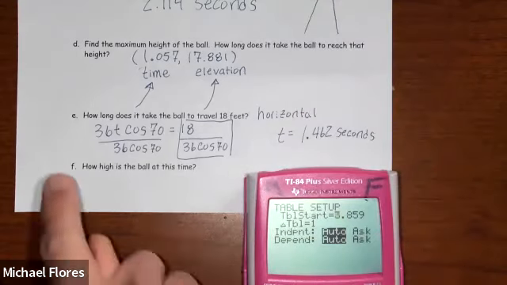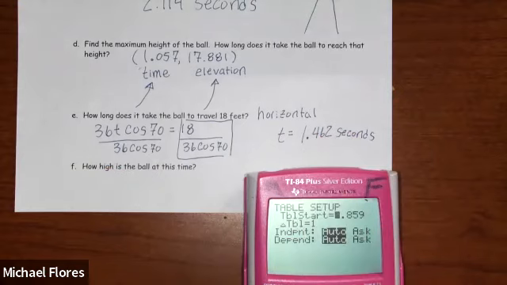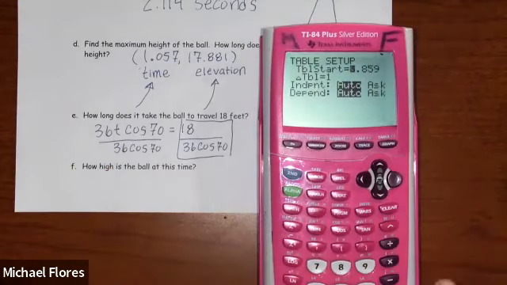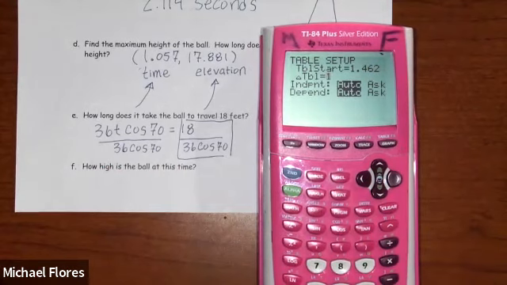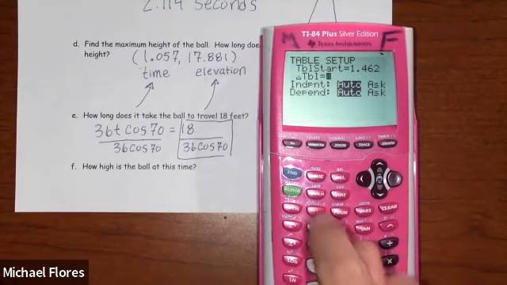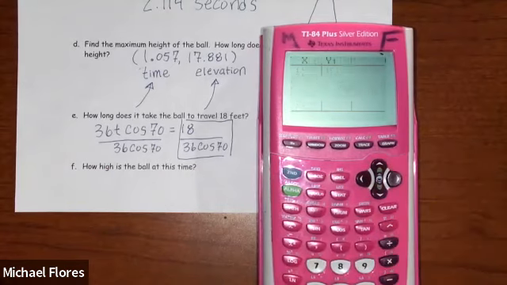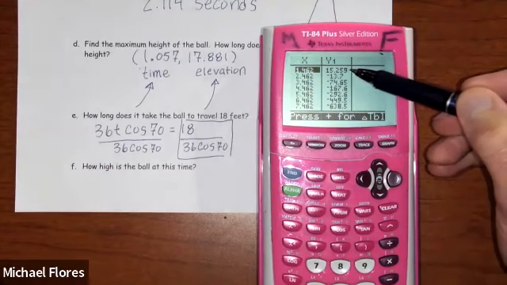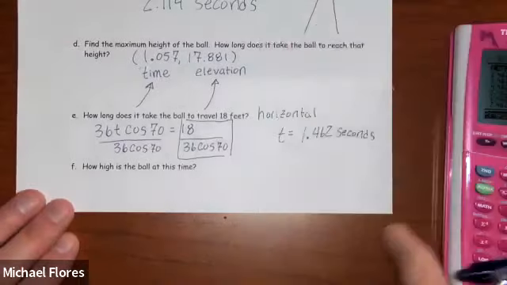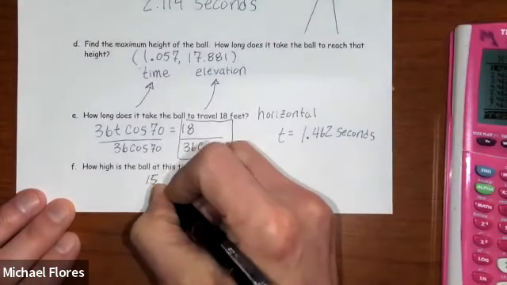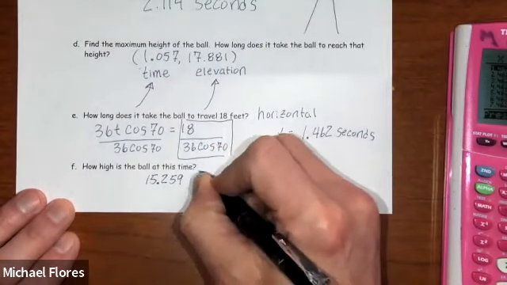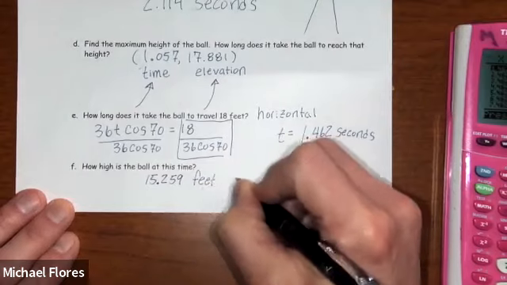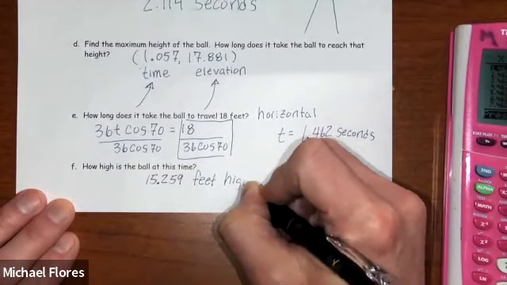For solving how high the ball is at 1.462 seconds, on the screen you're going to want to hit 1.462, enter. And now hit second graph. And it tells you exactly how high the ball is at 1.462 seconds. That is 15.259 feet high.